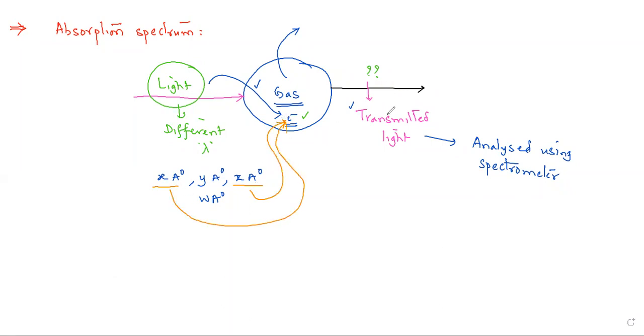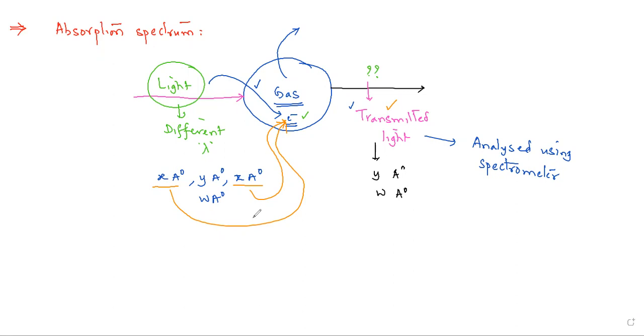will they be present in the transmitted light? No. Then what are the wavelengths that will be there in the transmitted light? Yes, only Y angstroms and W angstroms will be there in the transmitted light.